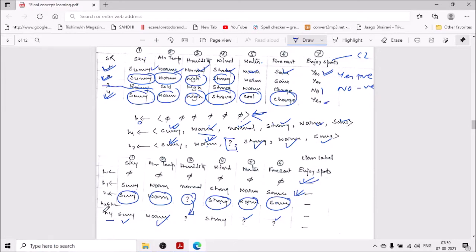This is our final answer: the hypothesis is sunny, warm, question mark, strong, question mark, question mark. After that, we will use this hypothesis to identify unknown data.